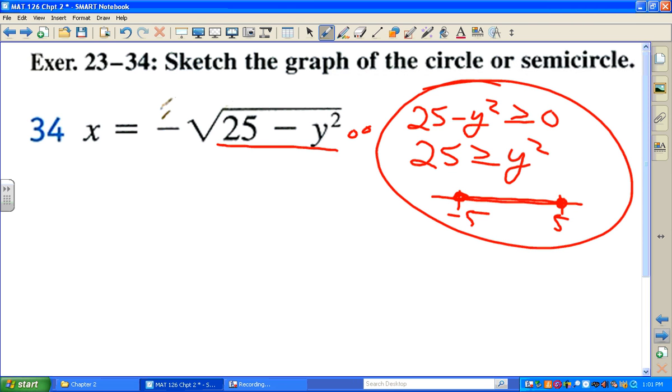What numbers are x going to go to and from? What's the biggest x can be? What's the smallest x can be?